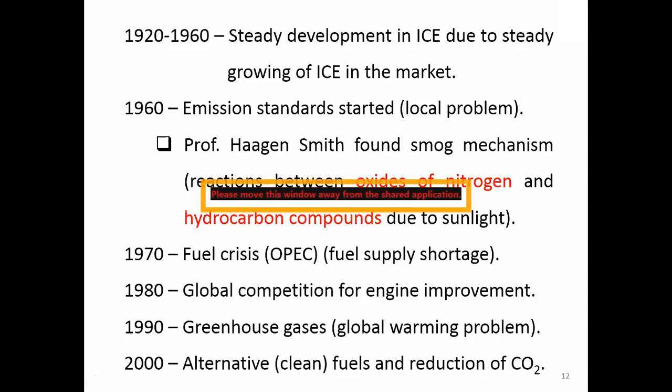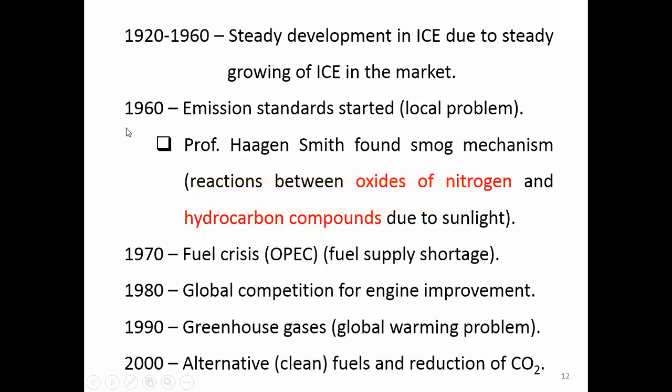So these two flow out into the atmosphere, and then the sunlight comes in and makes them react with each other. So the smog happens. This is the first problem encountered in the use of the internal combustion engine, in 1960.